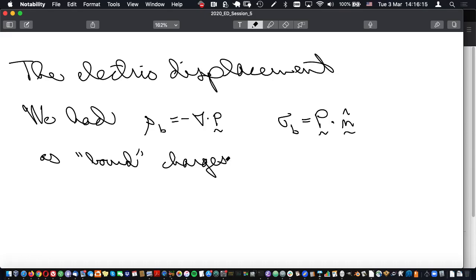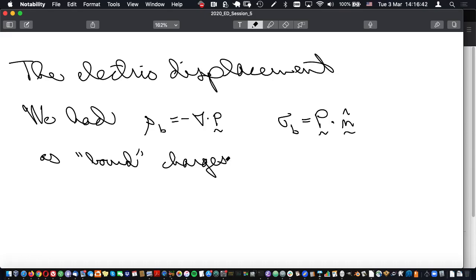And of course, by doing some external things on it, you can displace these things, but they remain bound. So whatever charge you had in there, it can move around the material, but you cannot add to it or remove from it. That's why they call it bound. It's like atoms or molecules deforming and stuff. You're not going to break apart the molecules or anything, right? You're just going to polarize them a little bit, but these charges are bound.